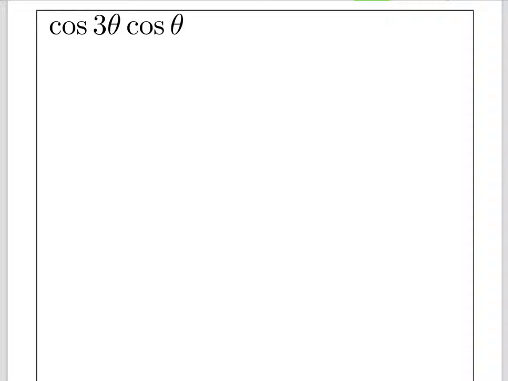Our directions on this problem say rewrite each product as a sum or difference. So we have a product, we want to use a formula to rewrite it as a sum or difference. So which formula does this match?